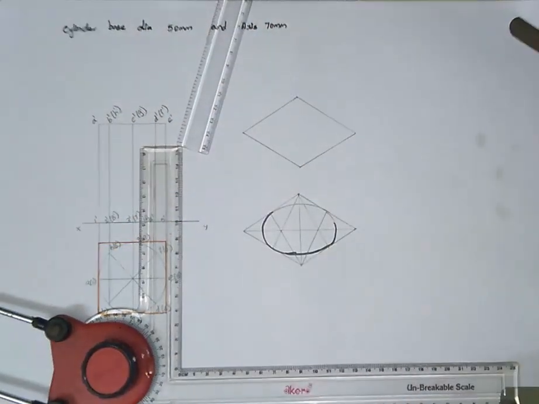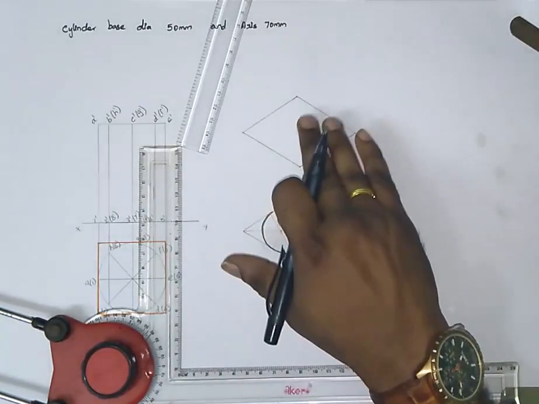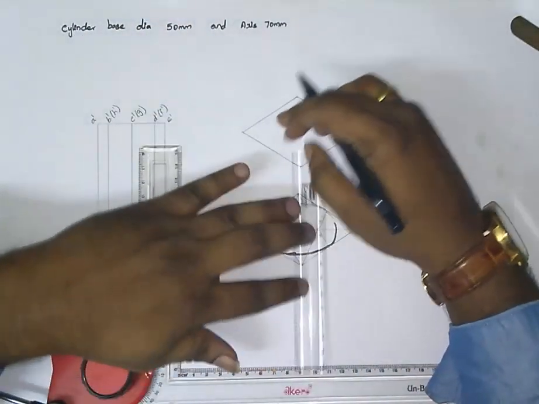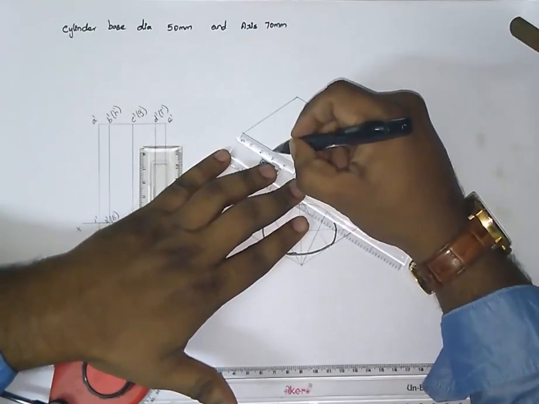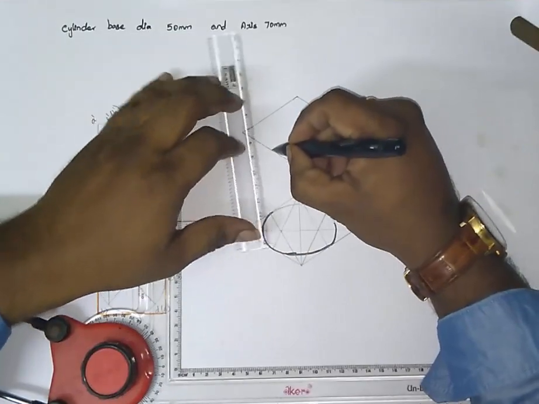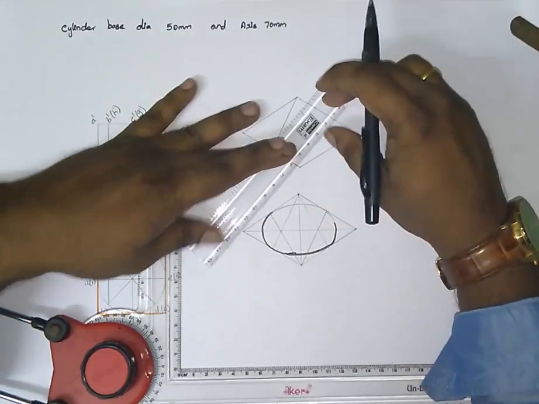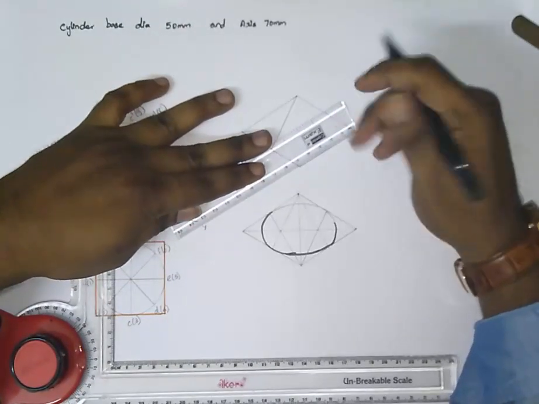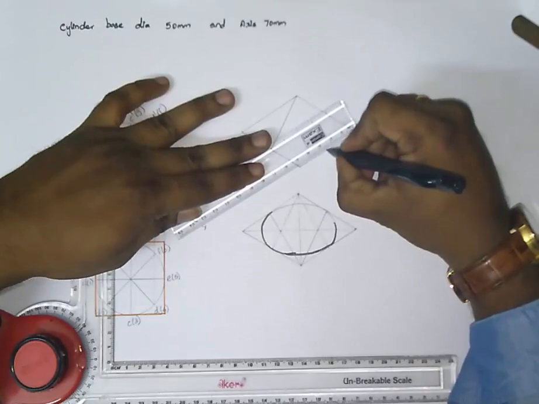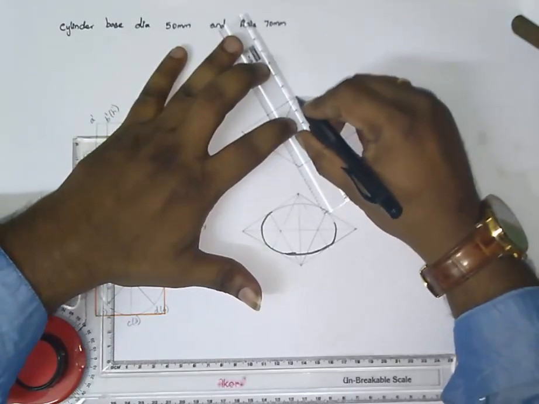Okay, now again you have to repeat the same procedure you have done here. Find the center point of this 50 mm side here and connect this point to the opposite corner. Similarly, find the center point of this line and connect this point to the opposite corner.